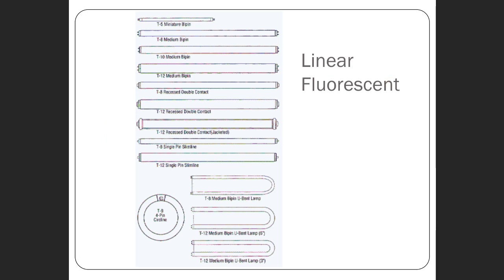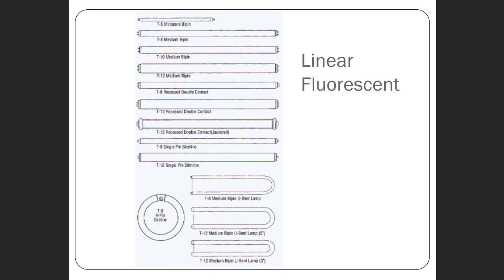And just like incandescents, the linear fluorescents come in a variety of different shapes and sizes. Many of them are tubular, or T. T12s would be what was a fairly common light for a long time. Now, in all likelihood, that's been replaced by a T8.